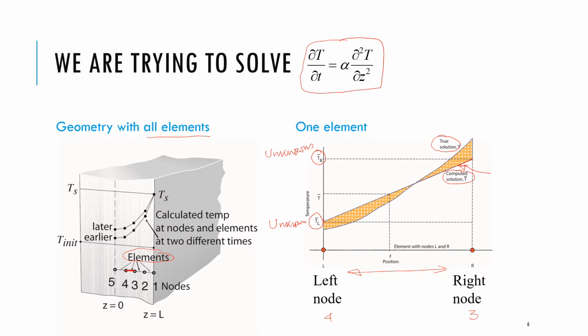In general, they will not be. So this shaded area, that's the difference between computed solution and the true solution, is the error. This error can be positive or negative. Okay?